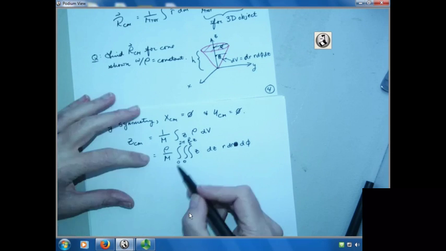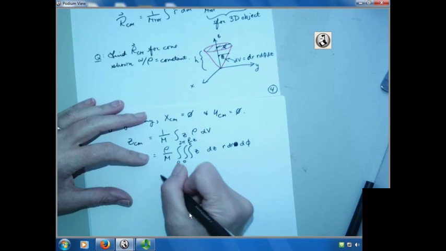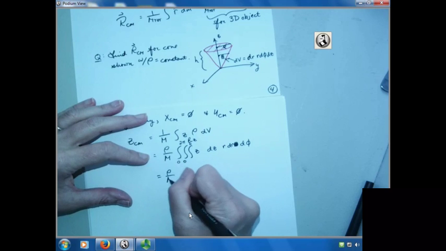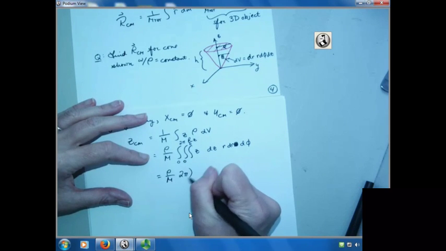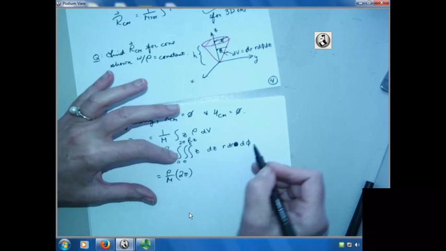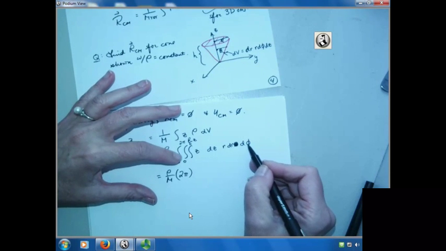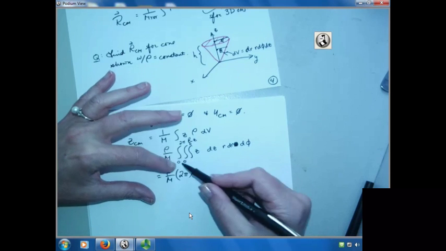So let me go ahead and do the phi integral. Rho over m, the integral of phi gives me just a 2 pi, minus 0, obviously, because I integrated phi and got phi, which I have to evaluate from 0 to 2 pi.